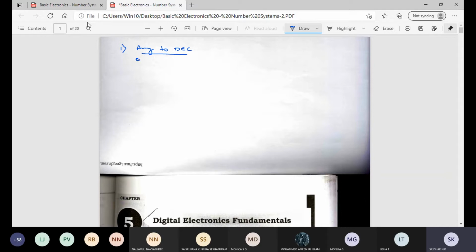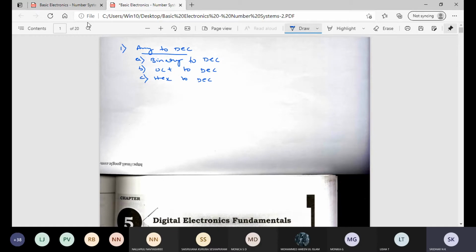First one is binary to decimal. Second one is octal to decimal, and the third one is hexadecimal to decimal. So these three conversions we have seen, right? So the procedure is using the formula, right?